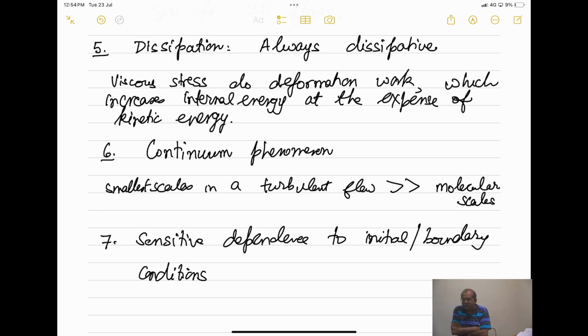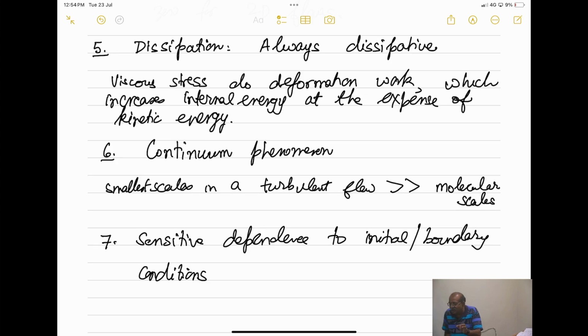Now, has anyone read something about chaos? This is one of the characteristics of chaos, that it is always very sensitive to initial conditions. What do I mean by this? You have a flow, you close it, you start the flow again with the same initial condition and same boundary conditions. What would you expect? The second flow should be the same as the first one.